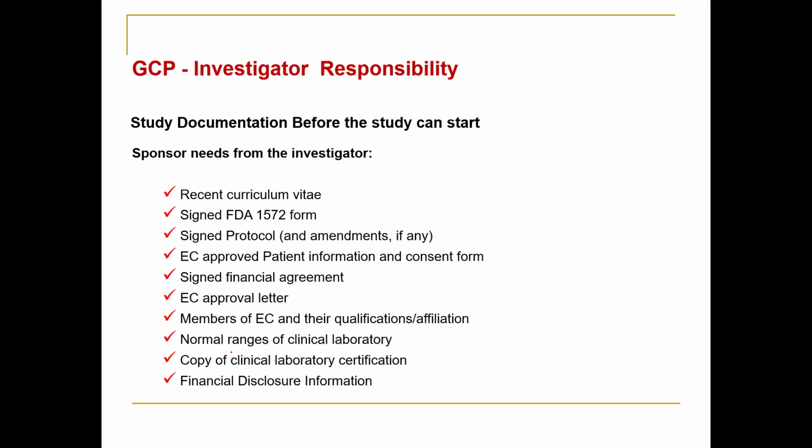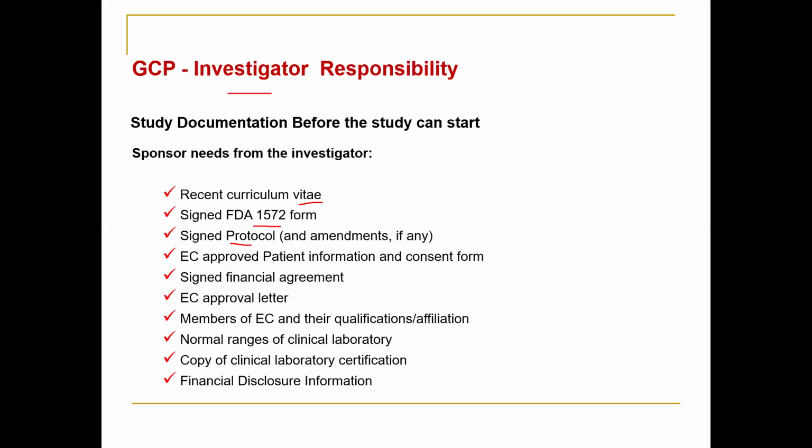Now I have divided the investigator responsibility into before, during, and after. So before, we said, is the planning of the clinical trial. At that time, they mostly sign the documents. They share their CV. They sign document 1572.